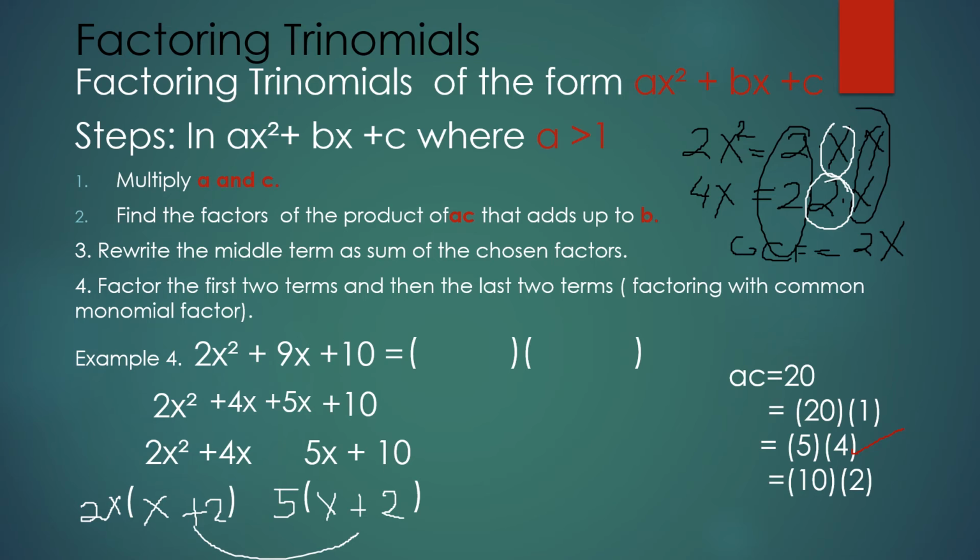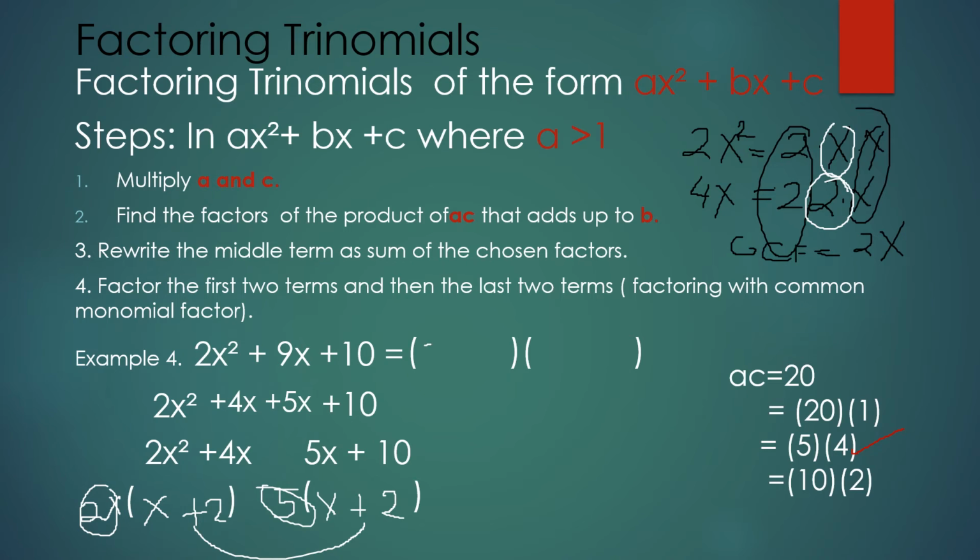You notice here, the terms inside are the same. That means that you did the right thing. Or if not, maybe you need to interchange this, or you need to recheck if you got the right numbers here. So next is this number outside here, 2x and 5.